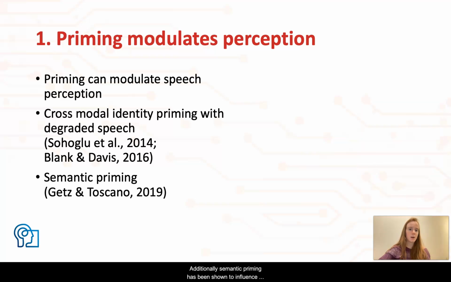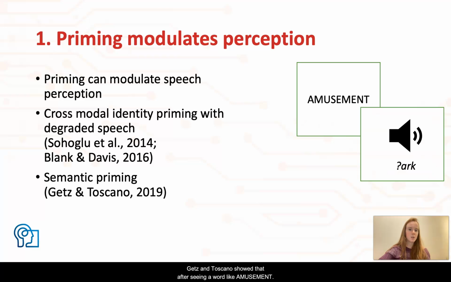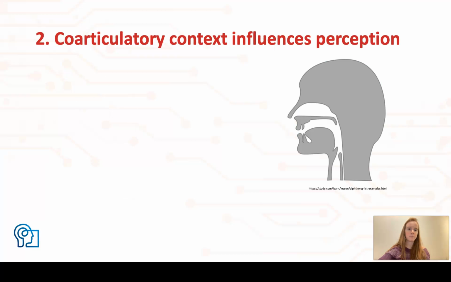Additionally, semantic priming has been shown to influence phoneme identification. Gaston and Toscano showed that after seeing a word like amusement, listeners were more likely to interpret a phoneme that was ambiguous between a b and a p as a p because of the relationship between amusement and park. While the influence of direct form priming on minimal pairs has not yet been shown, we would likewise expect this prime to influence phoneme identification.